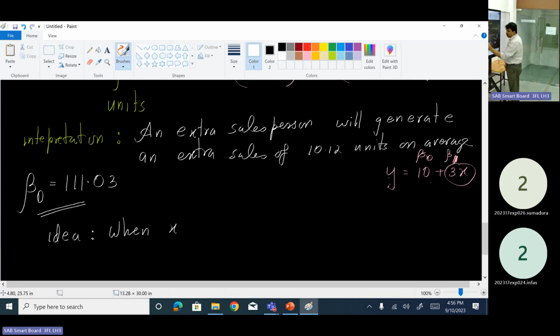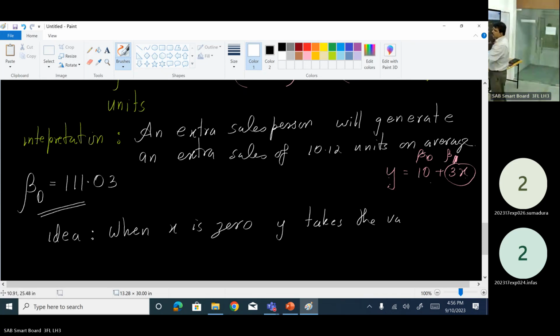When x is 0, y takes the value beta naught units. If you know the units, you put the units. When x is 0, y takes the value beta naught.